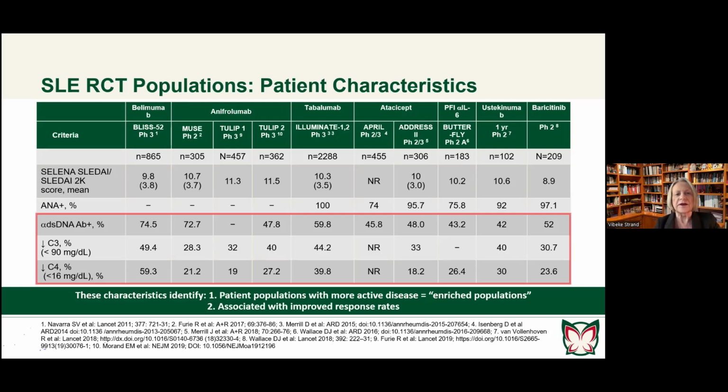And we can see that those patients who were double-stranded DNA positive with low complement levels, C3 and/or C4, those were the patients who tended to have more active disease. They were the enriched populations, and they were associated with improved response rates. But again, difficult to find all these patients to accrue into large trials.